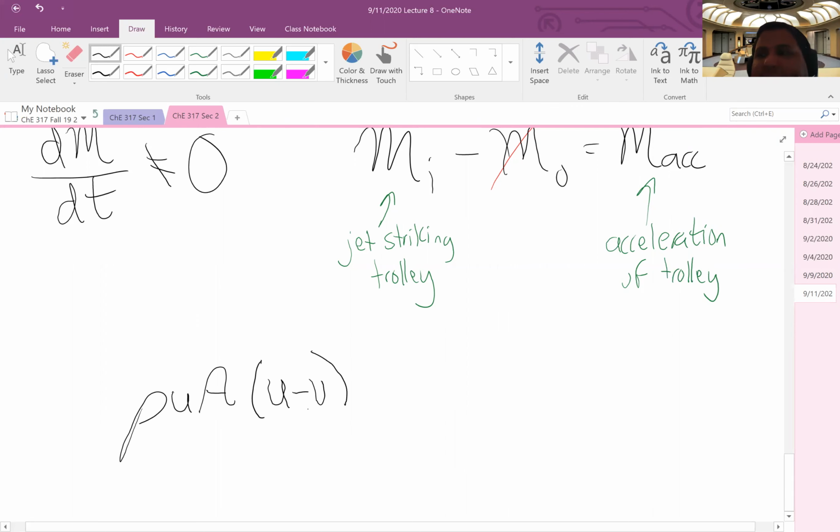It's hard to understand why it's u minus v, but if the jet was moving with the same velocity v, then there's no way for that water to be entering our system. So the essential momentum addition would be 0. The jet ceases to be relevant when the trolley moves at the same velocity as the jet.